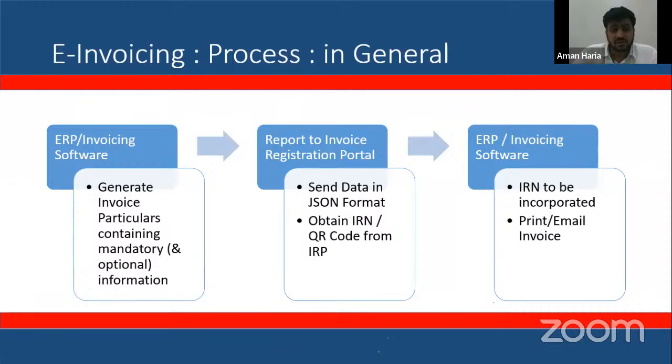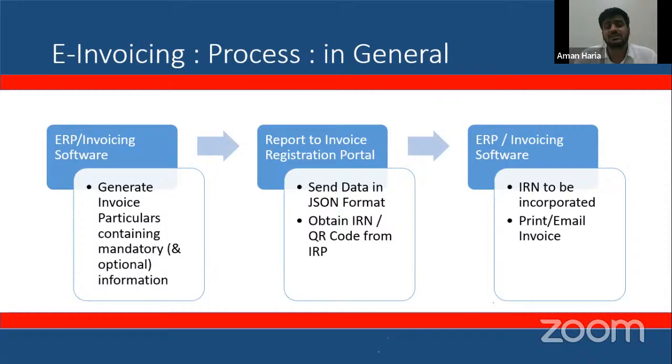Now this JSON format will be uploaded on that e-invoice portal. In return, the government will give you a signed JSON e-invoice details, which will have the IRN and the QR code within that signed JSON. And using that signed JSON, you will be expected to generate a PDF, or your software will have this provision of uploading the signed JSON.